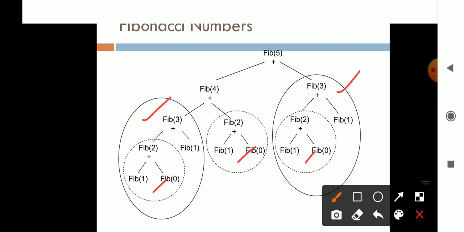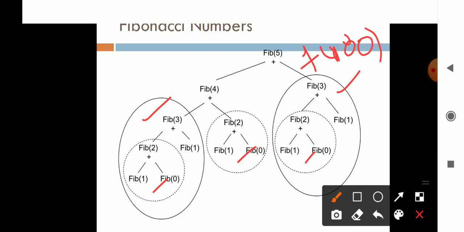Now imagine if we are calculating f of 100. How many times are we going to find out f of 2, f of 3, f of 1? You can imagine. So that is what in recursion, multiple times the value will be repeated.